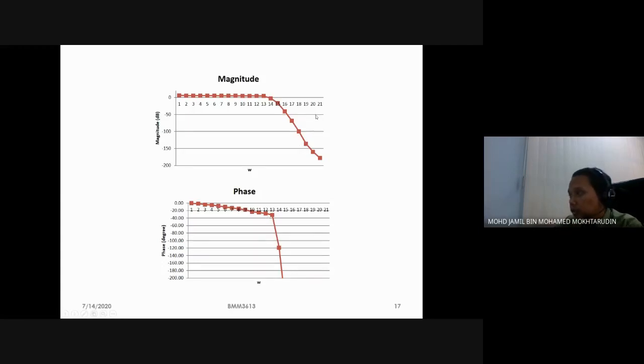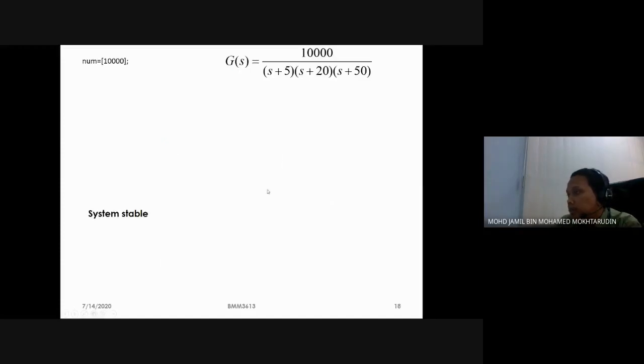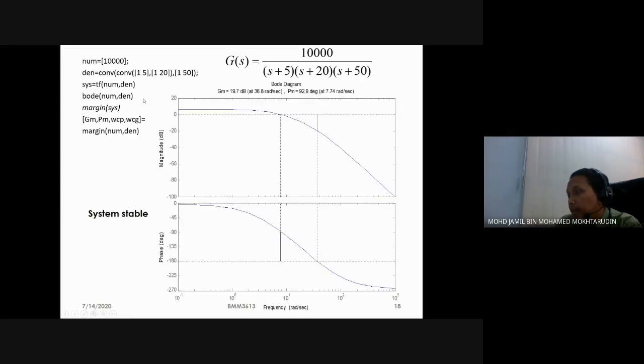So after you get this graph, then you need to determine the gain margin and phase margin. So this example is taken from MATLAB, okay? The same question. The gain margin frequency is the frequency at negative 180 degrees. So at negative 180 degrees, you get the gain margin frequency here.